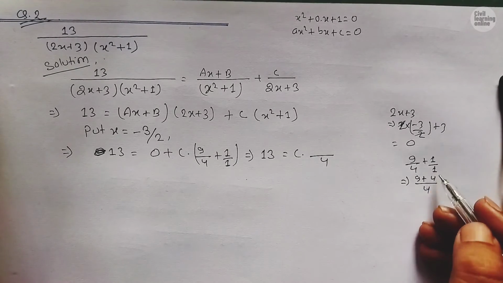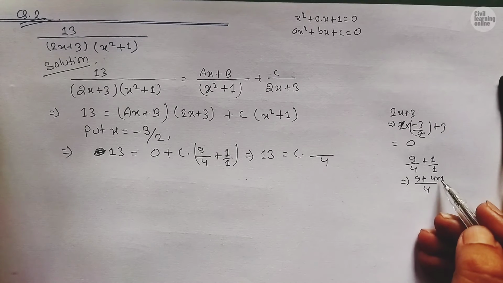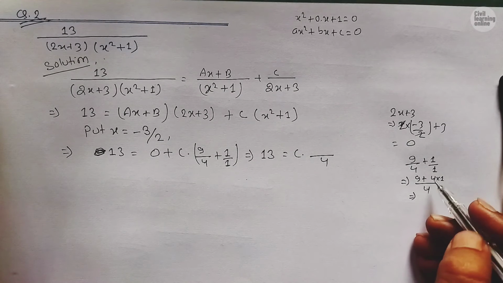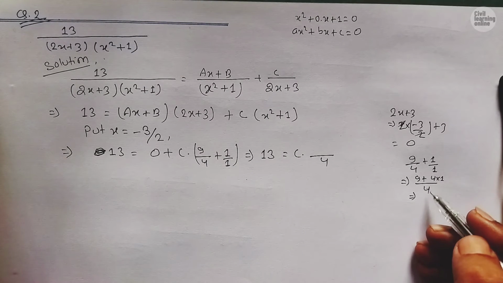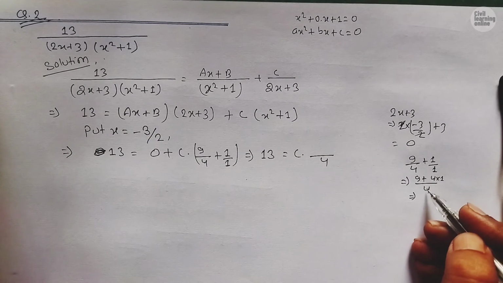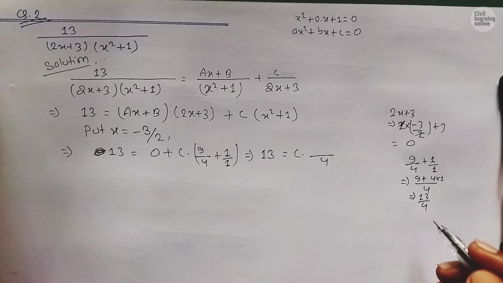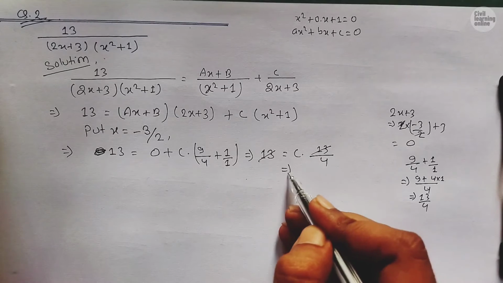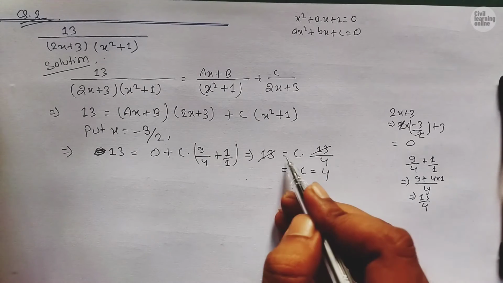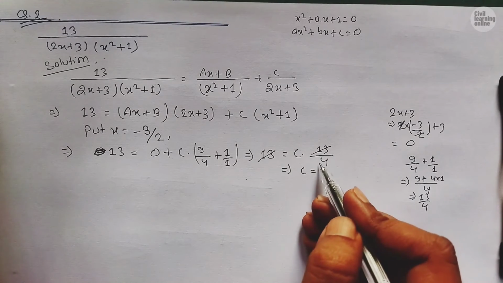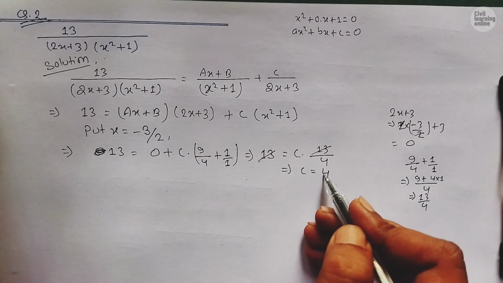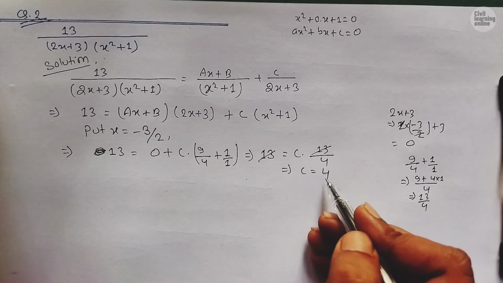So 1 times 4 equals to 4. So we have 9 plus 4 is 13 by 4. So 13 by 4, and this 13 and 13 gets cancelled out. So we have c equals to 4, because here c is in division and here we have 1, so this will get multiplied. So we will have c equals to 4.